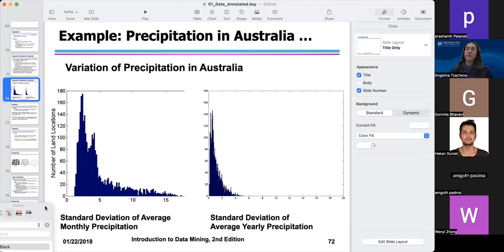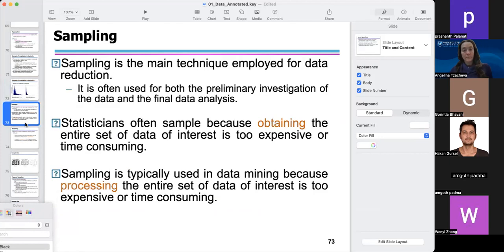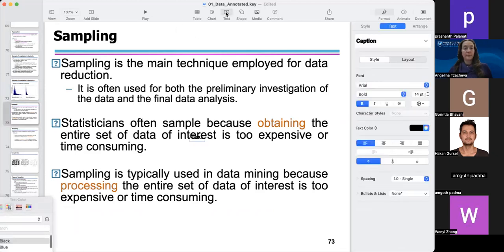Remember when we talked about the temperature attribute while you were doing the exercise with discrete and continuous attributes?